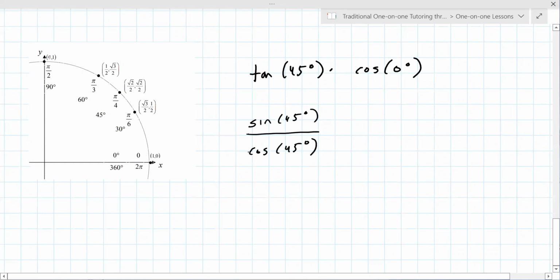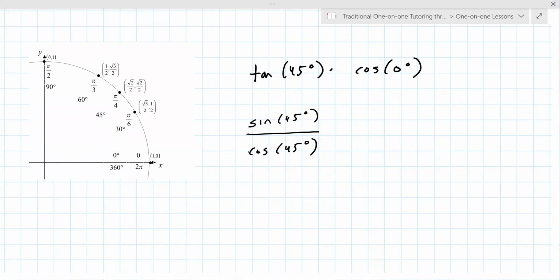And then sine is y, cosine is x. So sine 45 is the y value, cosine 45 is the x value.